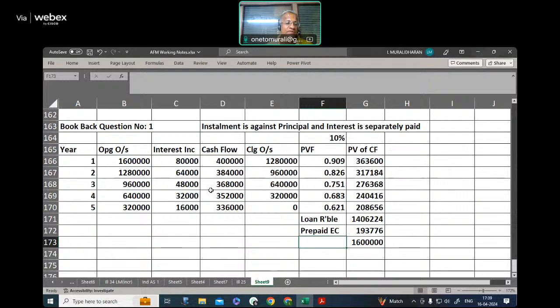So this is the first working note that you have got to develop. Working note number 1. Then working note number 2. What are we expected to do? Now I will tell you.